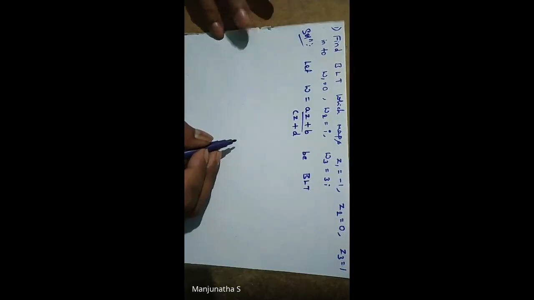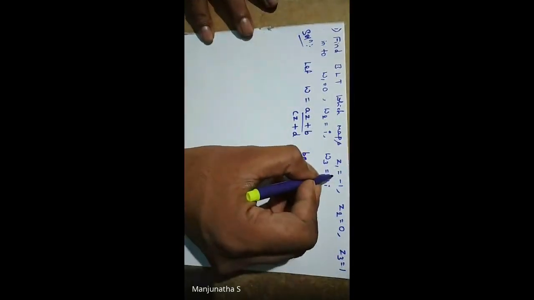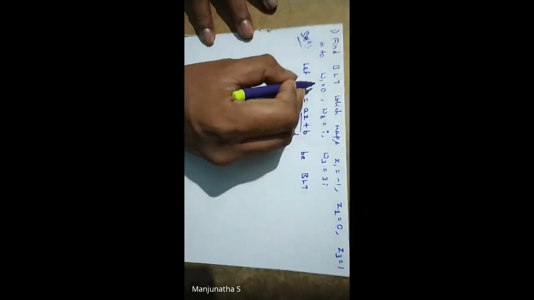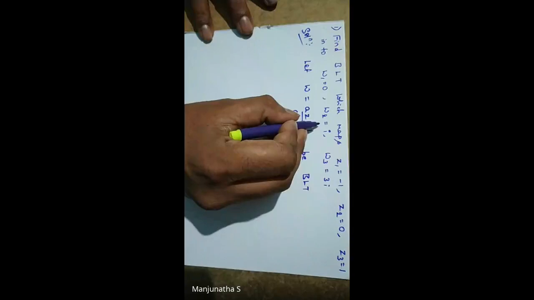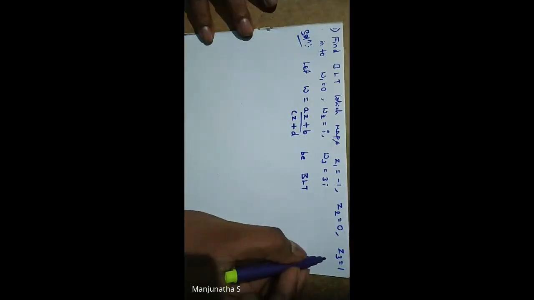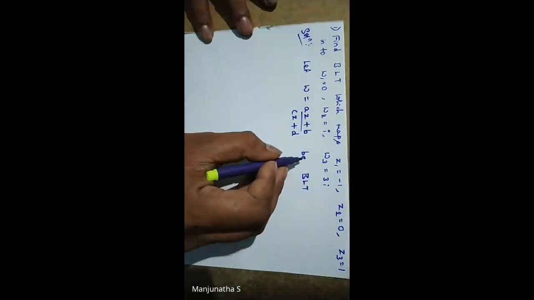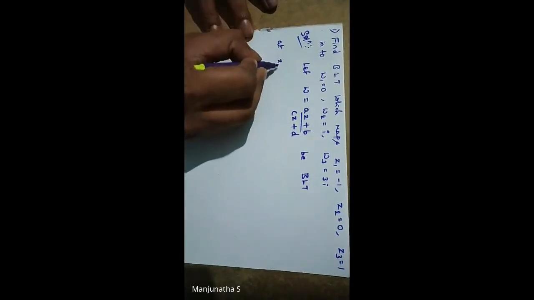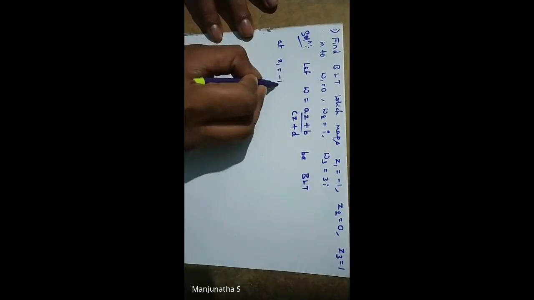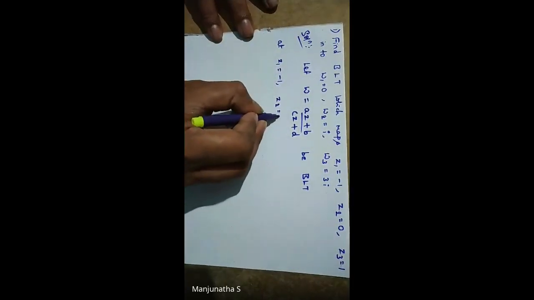We have points Z1 is equal to -1, W1 is equal to 0, Z2 is equal to 0, W2 is equal to I, Z3 is equal to 1, W3 is equal to 3I. So we'll use these values. At Z1 is equal to -1, W1 is equal to 0.